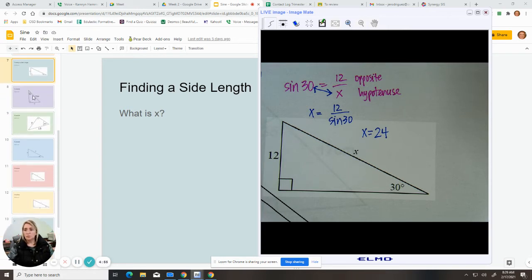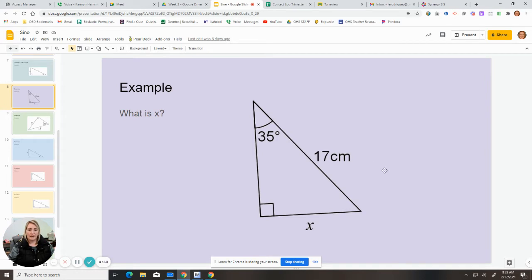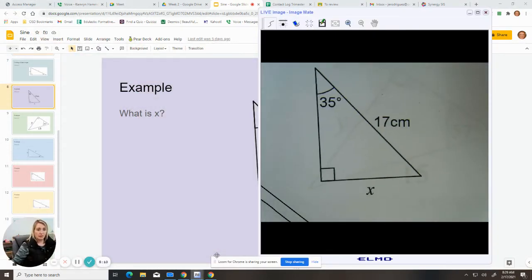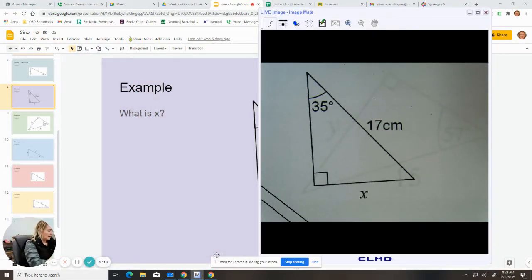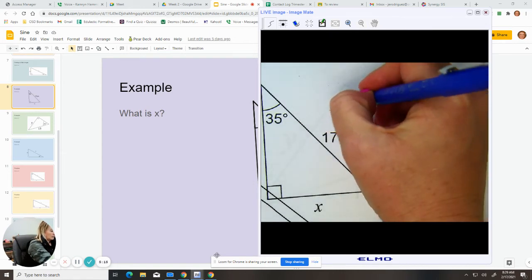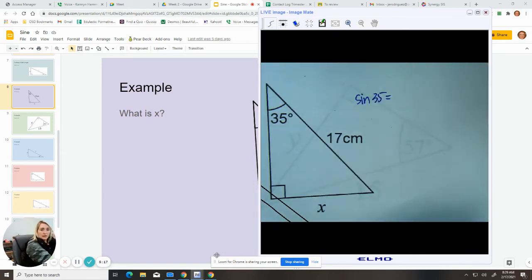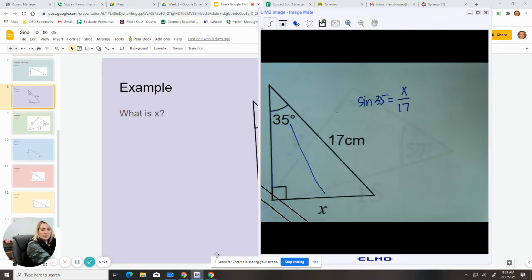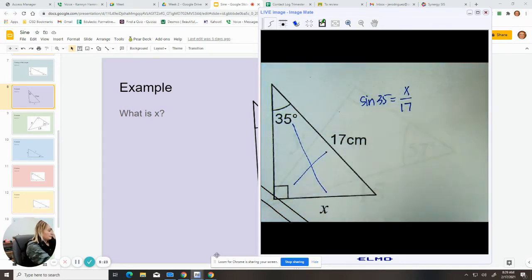Okay, so we are going to try it again on this one. On this one, obviously, we're going to be doing it for the opposite side, not the hypotenuse side. But let me pull this up. So same thing. We're going to have the sine of 35 is equal to the opposite over the hypotenuse, right?